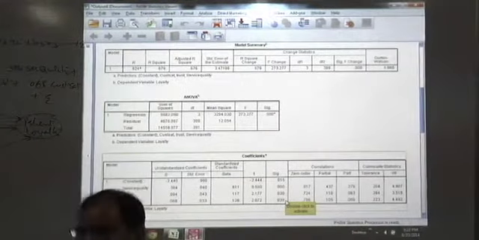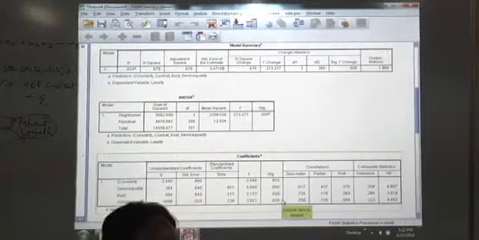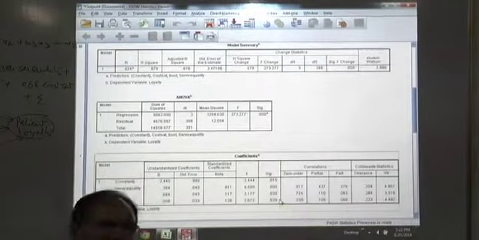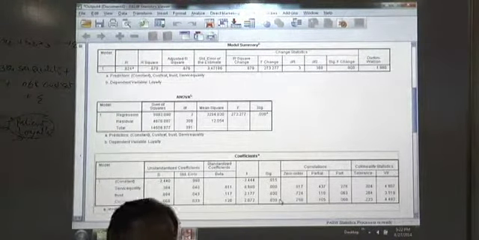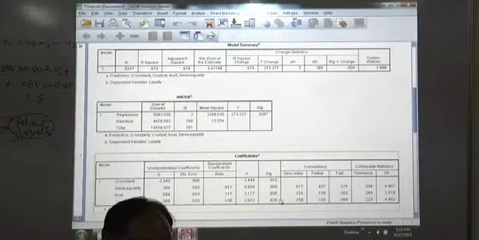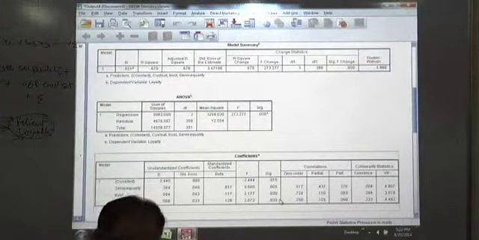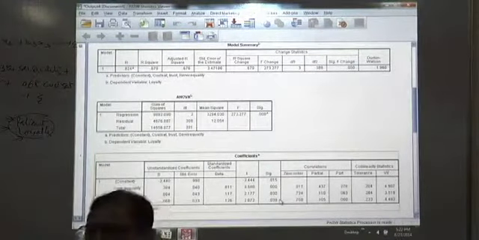Third is customer satisfaction. The T value is 2.072, significant at 0.039. All three are significantly contributing. But as you see, maximum contribution is of service quality. Trust has a significant contribution but far lesser than service quality, and customer satisfaction also has far lesser than service quality.